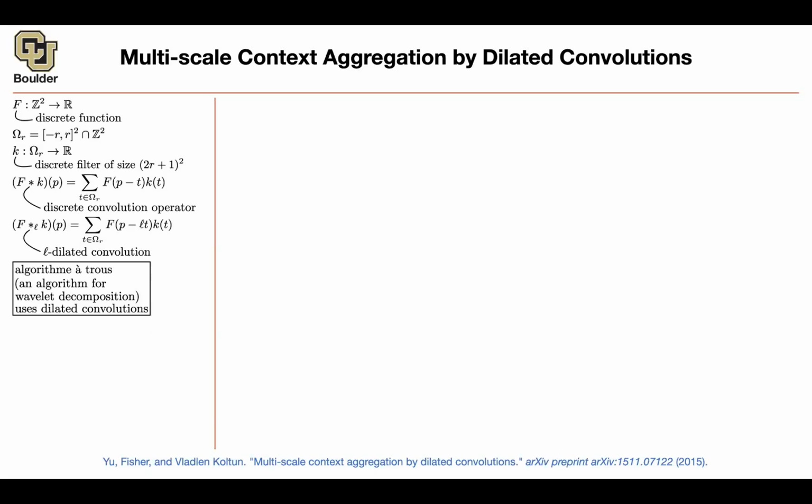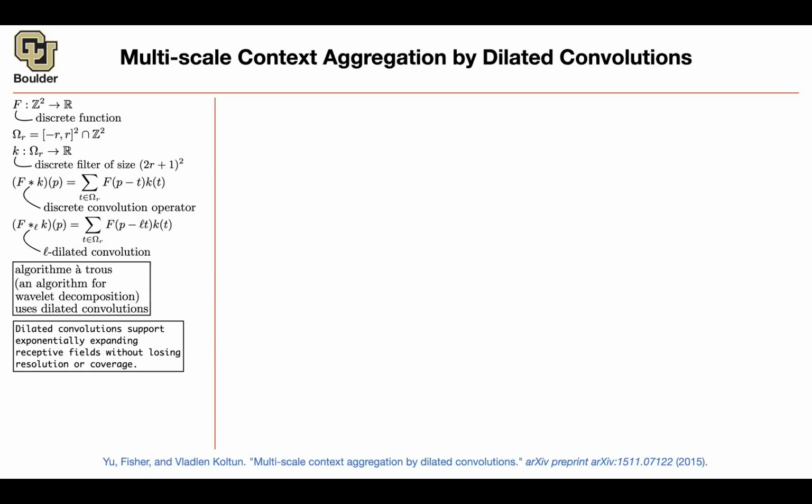But if you want to be precise, dilated convolutions is the correct name, because originally "atrous" was the name of an algorithm, and it was for wavelet decomposition. And they were using dilated convolutions. So probably a better terminology is dilated convolutions rather than atrous convolutions, but it's not a big deal. It's just terminology. Potato, potato, it doesn't matter that much.